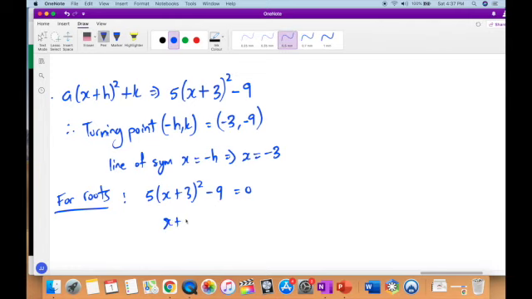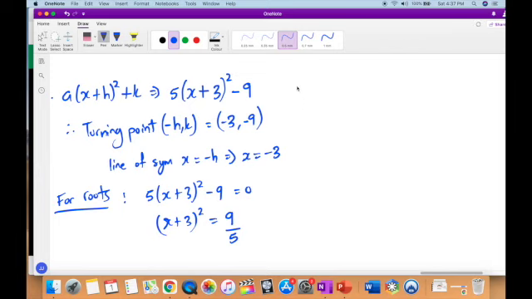Taking the negative 9 and throwing across, I get plus 9. Then I take this 5 and throw it across, I get divided by 5. So (x plus 3) squared is equal to 9 divided by 5.